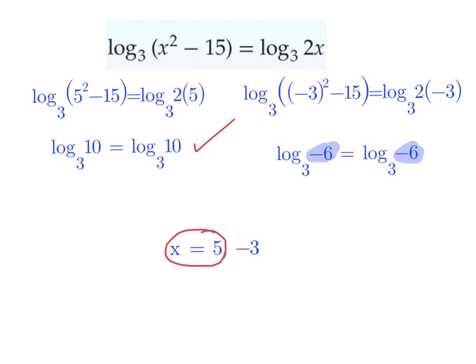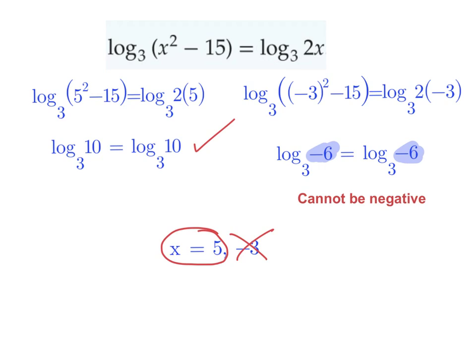That's why that number can't be negative. So even though these two things are the same numbers, you can't have negatives in that spot for a logarithm. So I throw out negative 3. We just get rid of that solution, and I get one solution only.